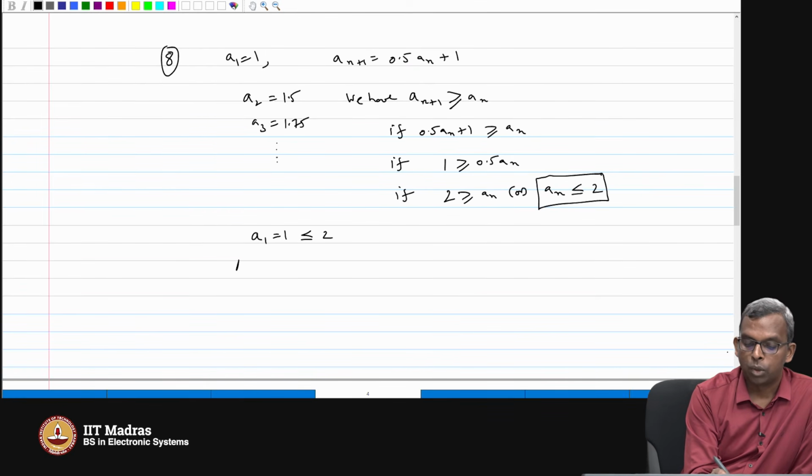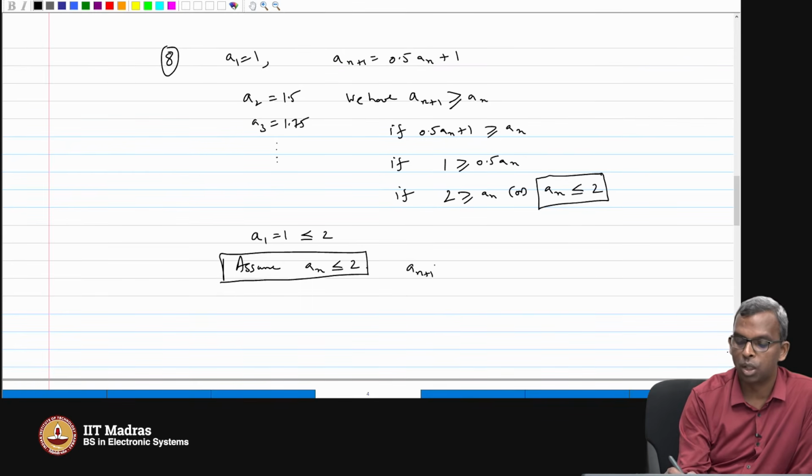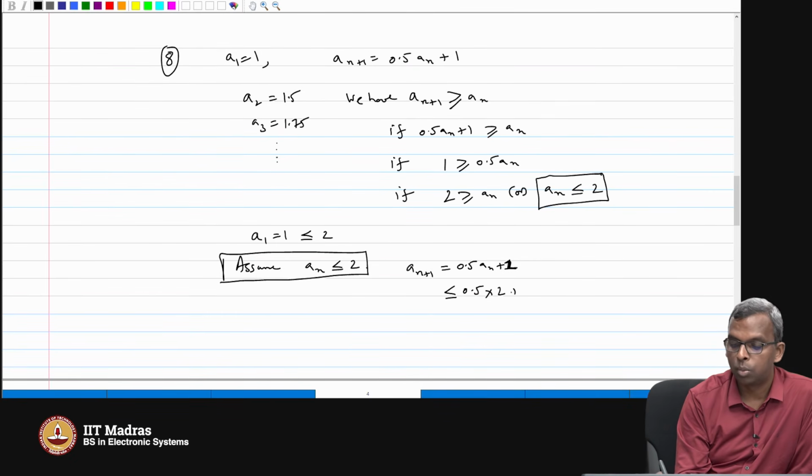Now, you assume a_n is less than or equal to 2. So this is my induction assumption. You assume this, I do not know if it is true or not. I am going to do a_{n+1}, which is 0.5 a_n plus 1. If a_n is less than or equal to 2, this is going to be 0.5 times 2 plus 1, right.